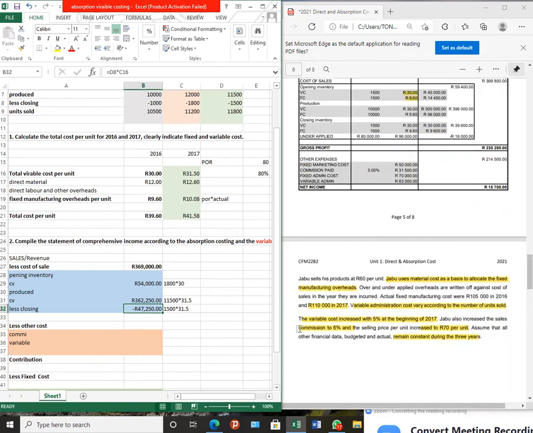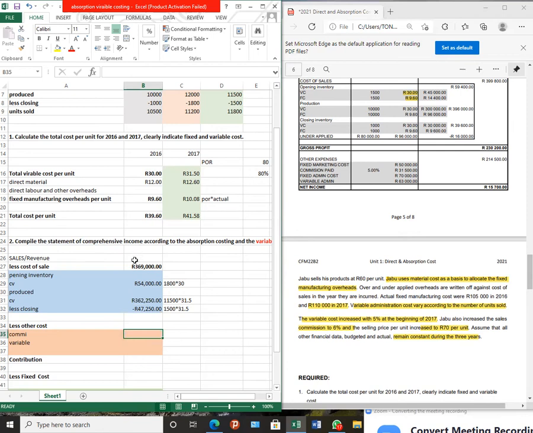Let's go here, guys. Here, the commission will also increase, the sales commission to 6%. Last year, guys, the commission was 5%, but this year we are in 2017. The commission is 6%.